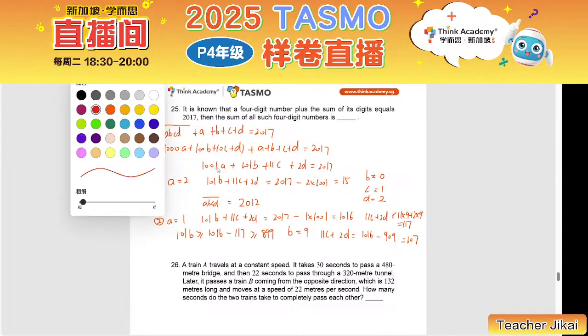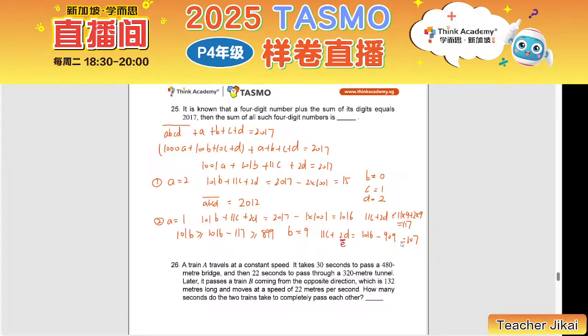This part is even. 107 is odd. So based on the parity here, we know 11C is odd. And 11 is also an odd number. So it means C is odd. So C here, if C is 7, so 2D is 107 minus 77. So of course, larger than 9, right?